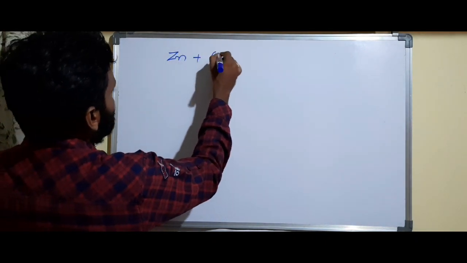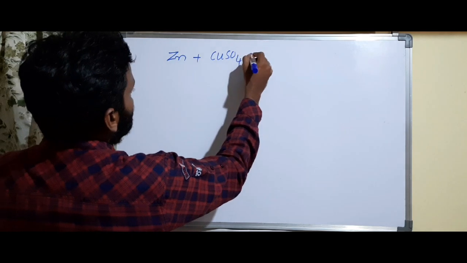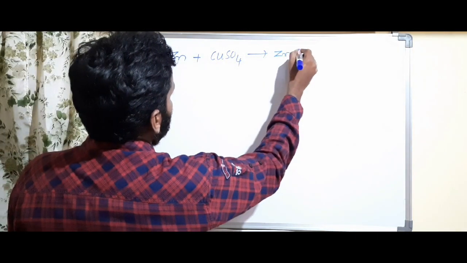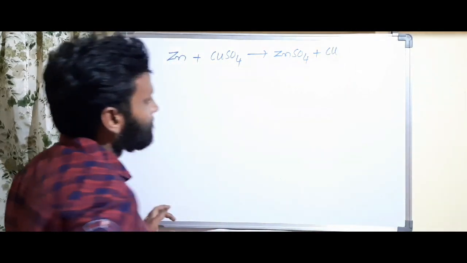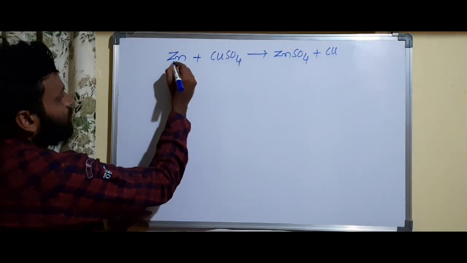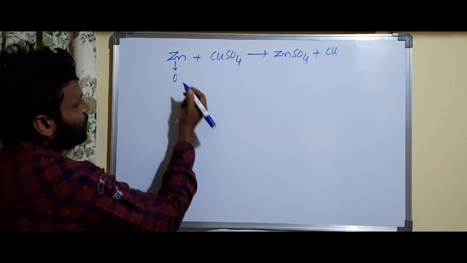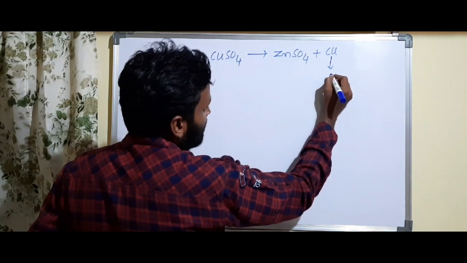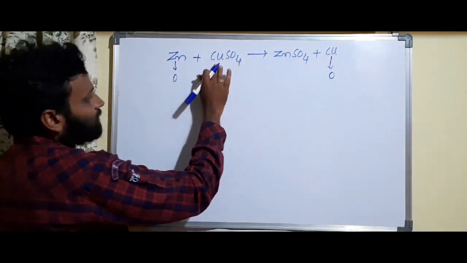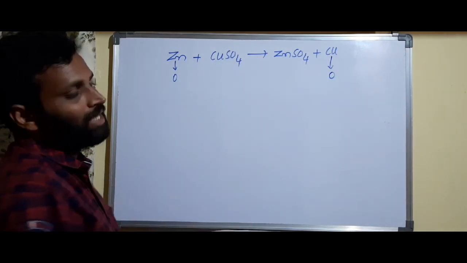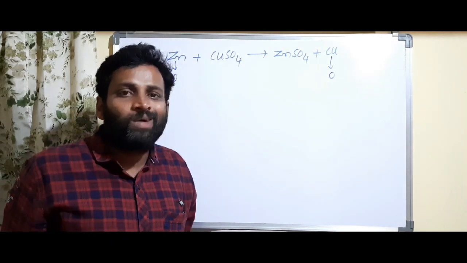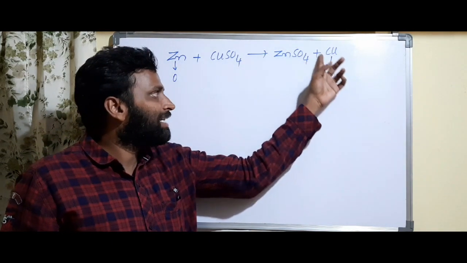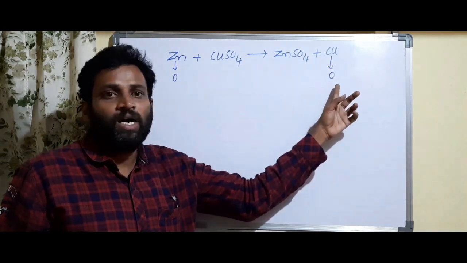Zinc plus copper sulfate is converted to ZnSO4 plus copper. So here what happens? Here zinc oxidation state, as I told you, is 0. As copper, it is 0. Copper with somebody, there is a charge. Copper as an individual, with nobody here, single, alone, so charge 0.